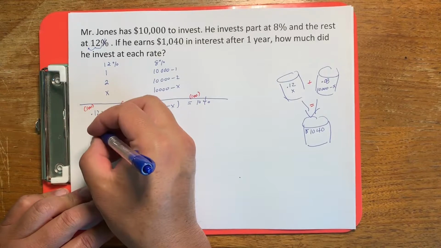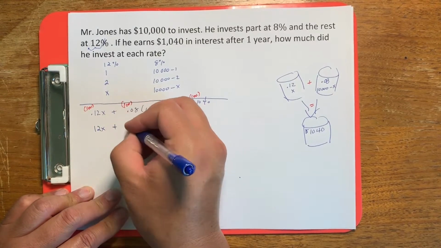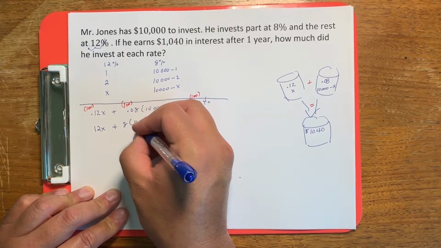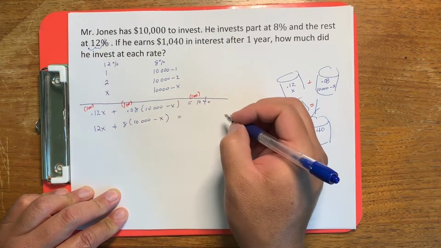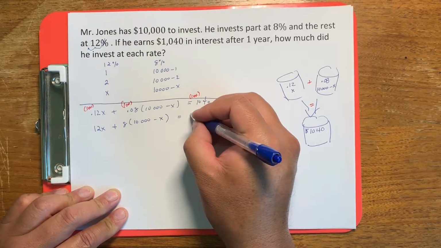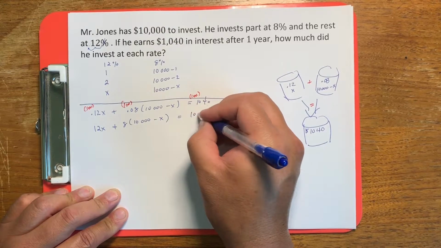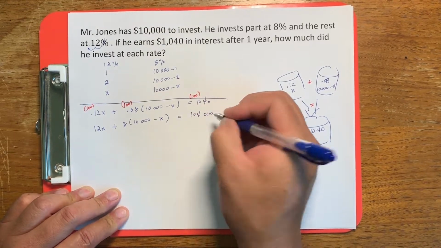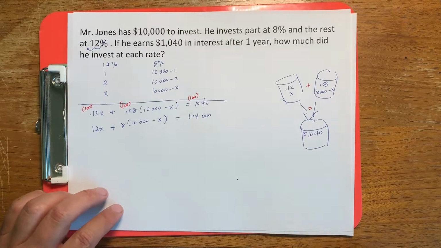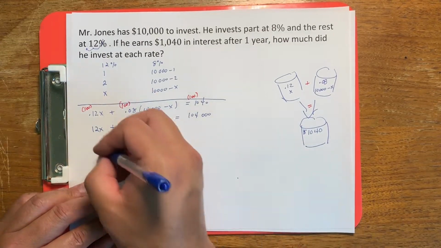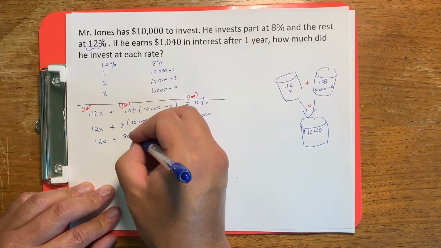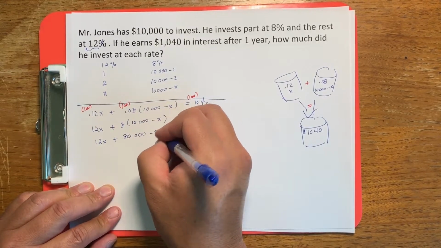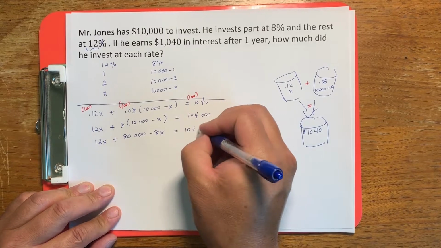So now we have 12x plus 8 times 10,000 minus x is equal to 104,000. Okay, now let's distribute, and I should get 12x plus 80,000 minus 8x is equal to 104,000.